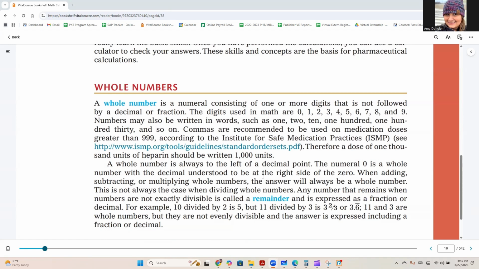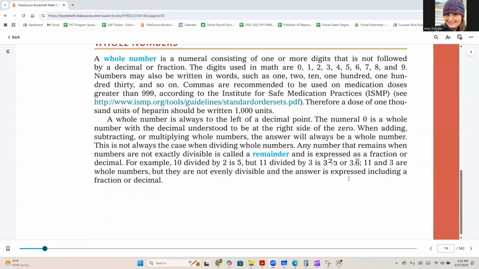Any number that remains when numbers are not exactly divisible is called a remainder and is expressed as a fraction or decimal. For example, 10 divided by 2 is 5, but 11 divided by 3 is 3 and 2/3 or 3.6. 11 and 3 are whole numbers, but they're not evenly divisible, and the answer is expressed including a fraction or a decimal.